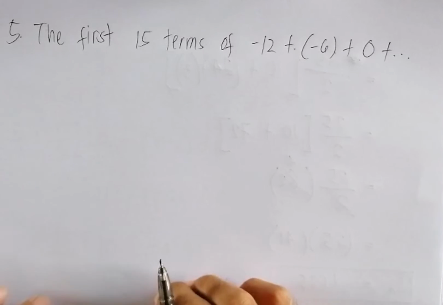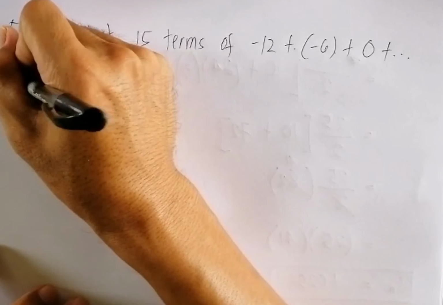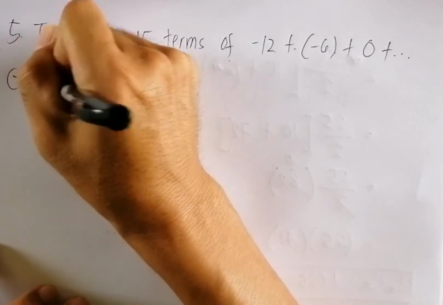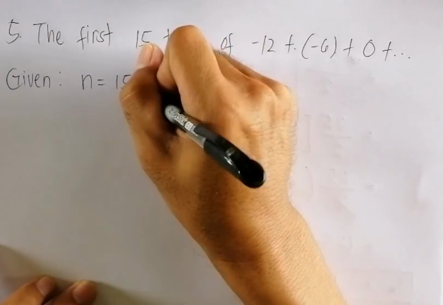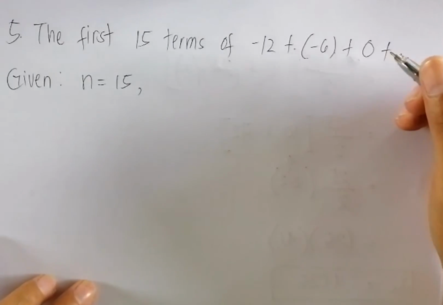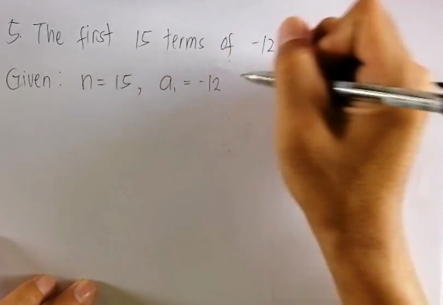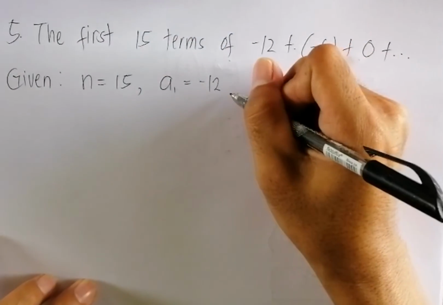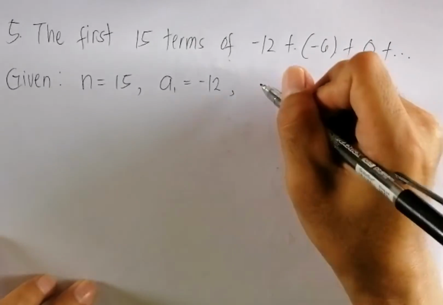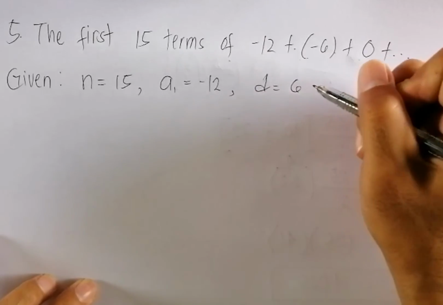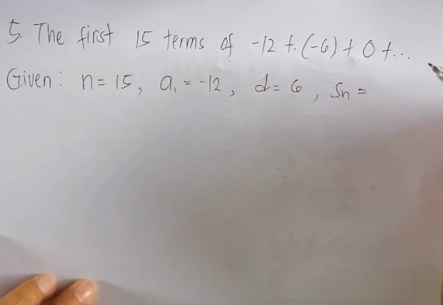Number 5, the first 15 terms of negative 12 plus negative 6 plus 0. Given n is equal to 15. First term is negative 12. Common difference, we can use 0 minus negative 6 or negative 6 minus negative 12. That is 6.